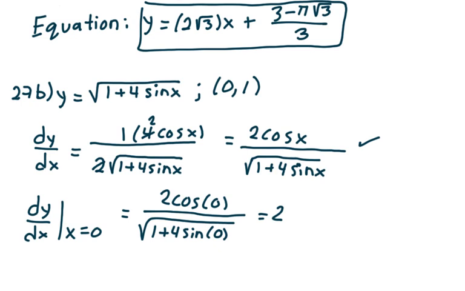Now I'm going to take dy/dx and evaluate it for x equals 0 to get the slope of the tangent line. And when I do, I get 2 cosine of 0 divided by the square root of 1 plus 4 sine of 0. But remember, cosine of 0 is 1, and then sine of 0 is 0.